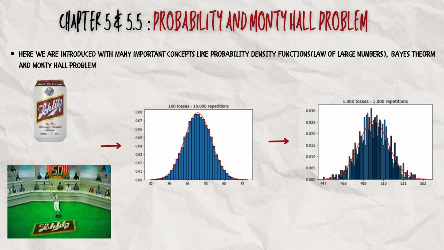And this is what we call the probability density function. If you look at these two diagrams, a coin toss experiment was conducted 10,000 times, where each time the coin was tossed 100 times. In most of these 10,000 repetitions, there were very, very few instances where either heads or tails came out less than 40 out of 100 as a frequency.